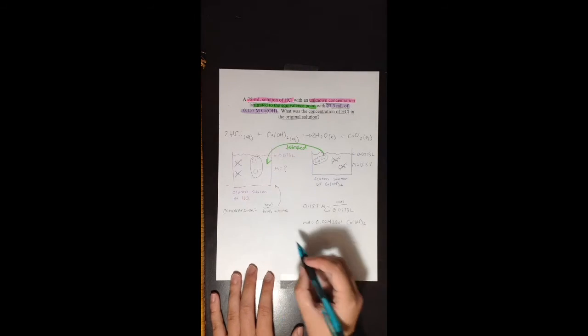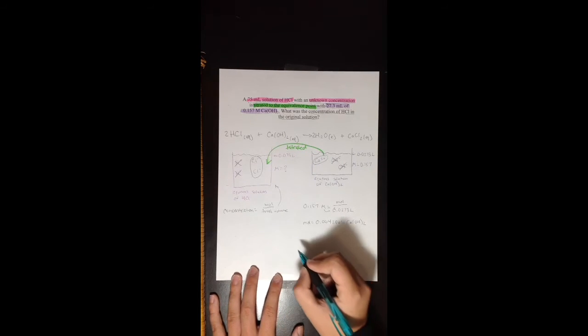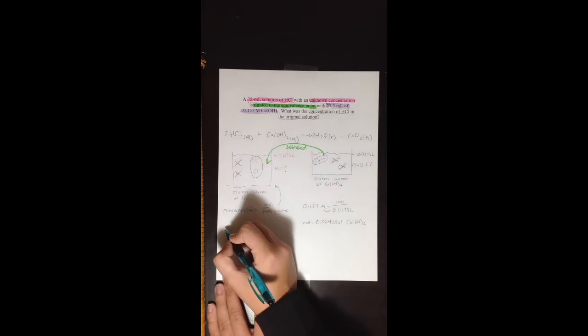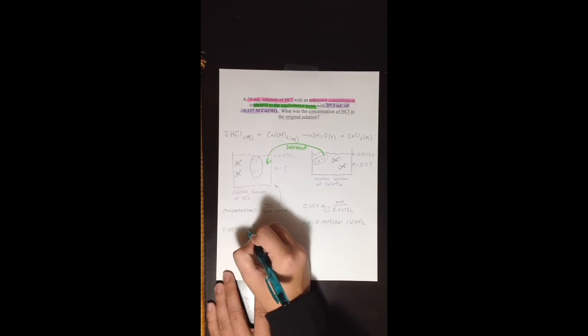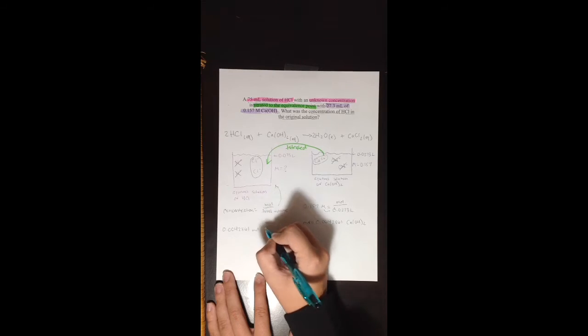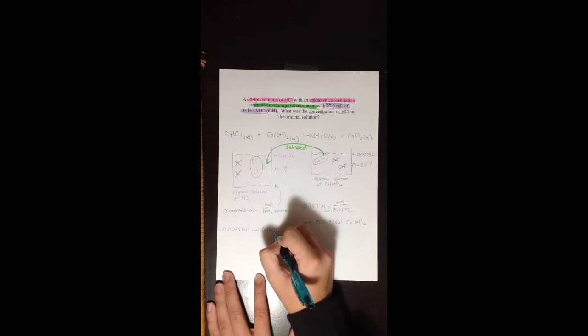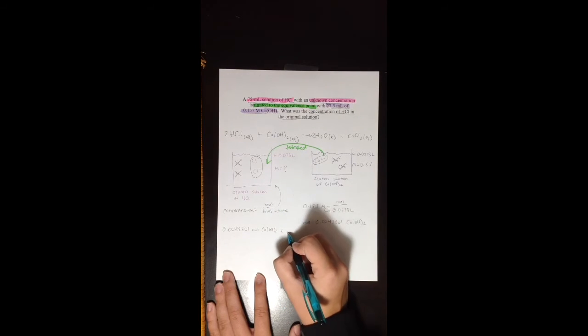So now that we have the moles of calcium hydroxide, we can use the stoichiometry given to us from the balanced chemical equation to be able to convert to HCl. And how we're going to do that is we're going to do 0.004281 moles of calcium hydroxide. And we use stoichiometry.